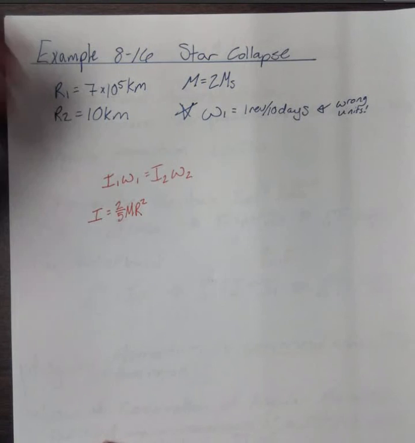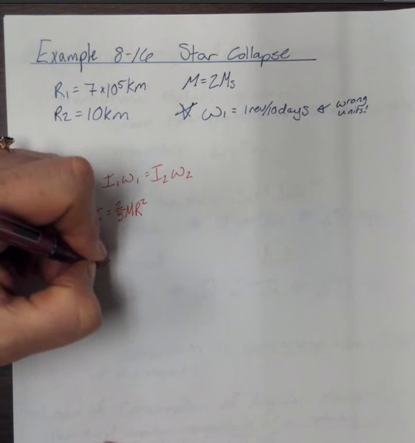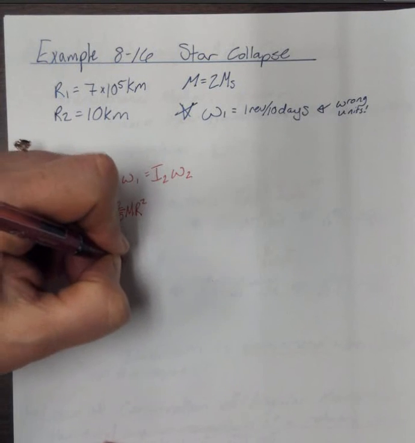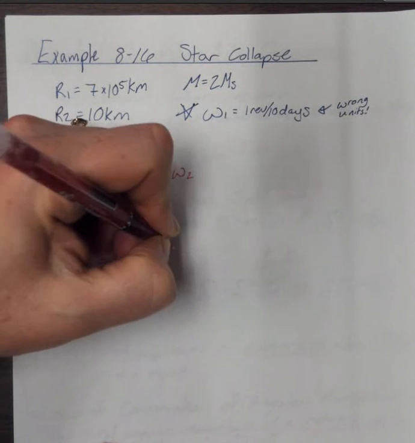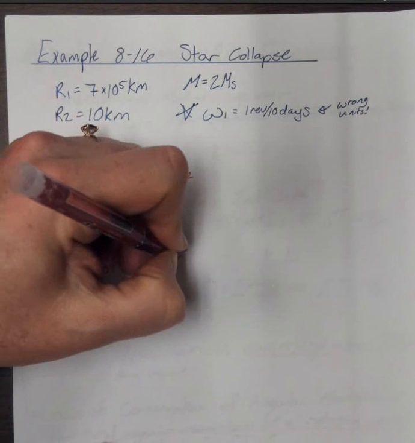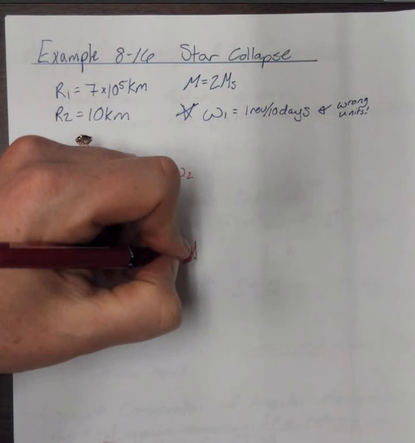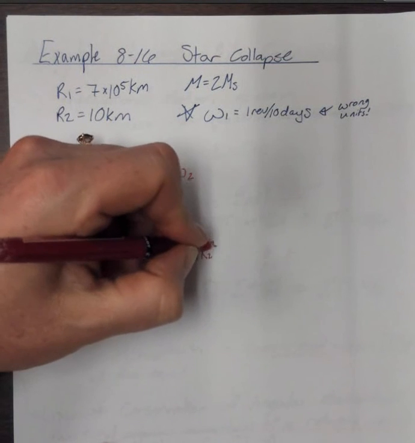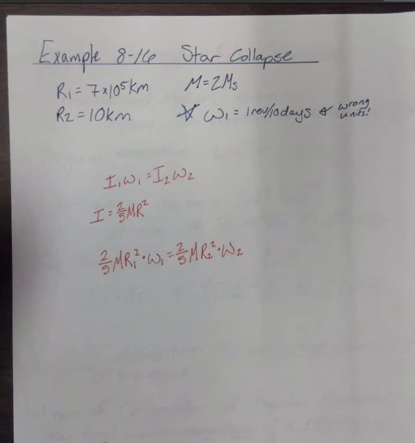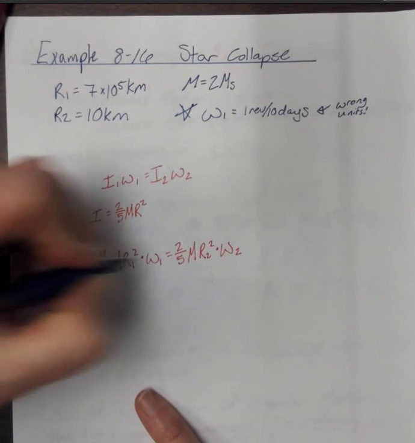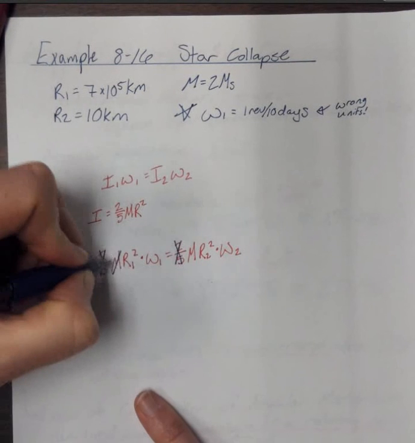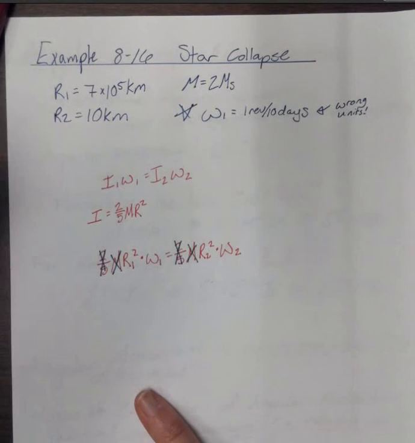So I'm going to go ahead and plug that in. 2/5 m R1 squared times omega 1 equals 2/5 m R2 squared times omega 2, and immediately I'm going to gratefully clean up this equation. And I was right. I didn't have to actually plug in that mass value for our sun.